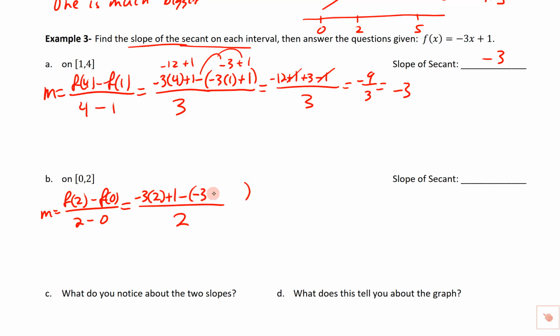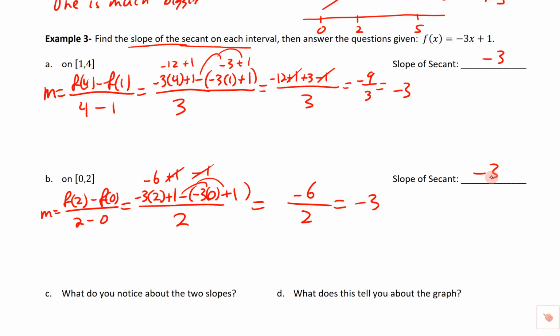So this is going to be -3 times 0 and then plus the 1. All right, so let's see what we get here. This is a -6 plus 1. That would be 0, and then this would be -1. You'll notice that the 1 and the -1 will cancel each other off, so we'll get a -6 over 2, and we end up with a -3. So the answer on that one is also -3.